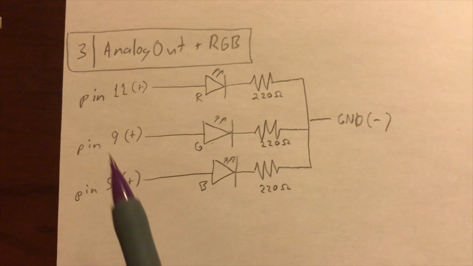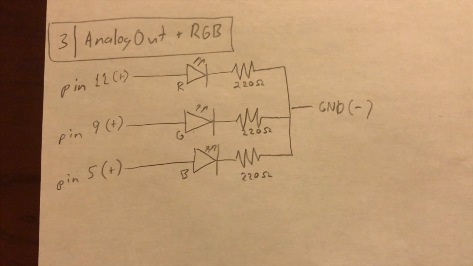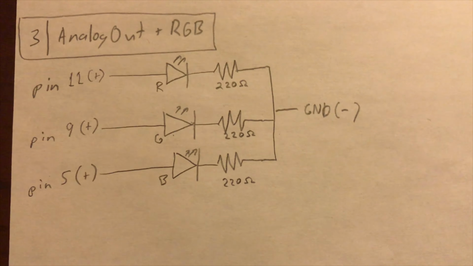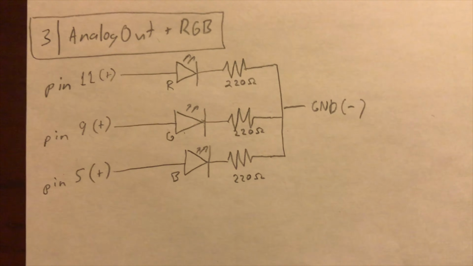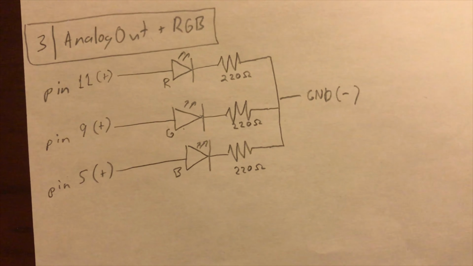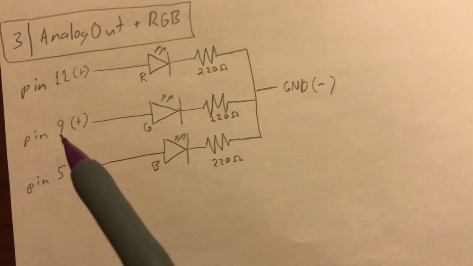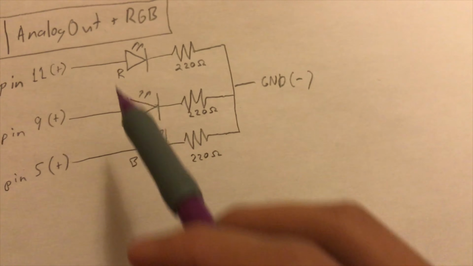I take pins 11, 9, and 5, all as outputs. And you may be asking, hey, aren't those digital pins, not analog? Well, maybe we'll talk about that in another video, but pins 9, 11, and 5 are compatible with analog too. Basically, they'll all be my pluses, and I run them through our RGB LED.